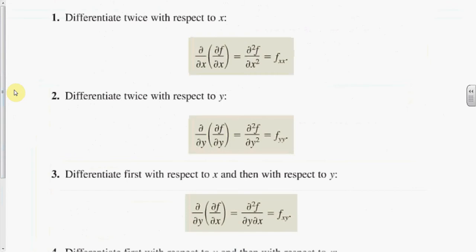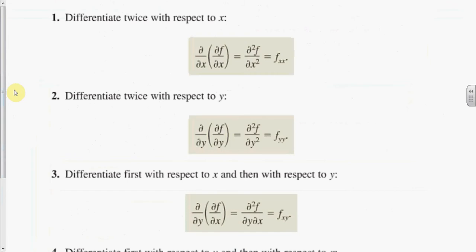Here, this is the partial with respect to y of the partial of f with respect to x. Now, I better note this. This is important in terms of the order, which is actually being done first. The term that's in the parentheses is actually being applied first. So here, this is the partial of f with respect to x. I take that result for number one, and then take the partial of that result with respect to x.